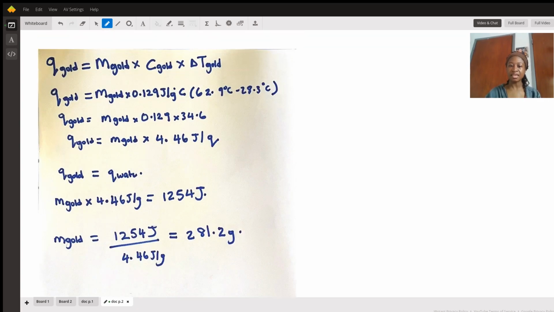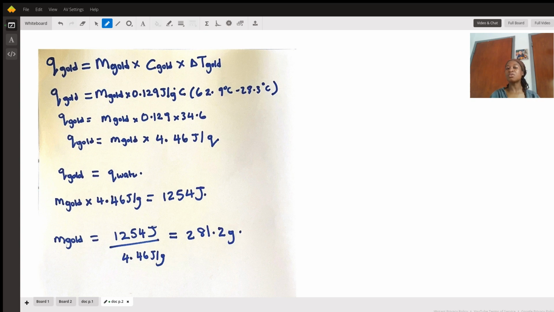Now, like we said, we already got the heat transfer with the water. What should we focus on next? A great way to continue is to focus on the transfer with the gold. We write the equation just like Q equal MCAT, but this time we focus on gold and put the information specifically for the gold.